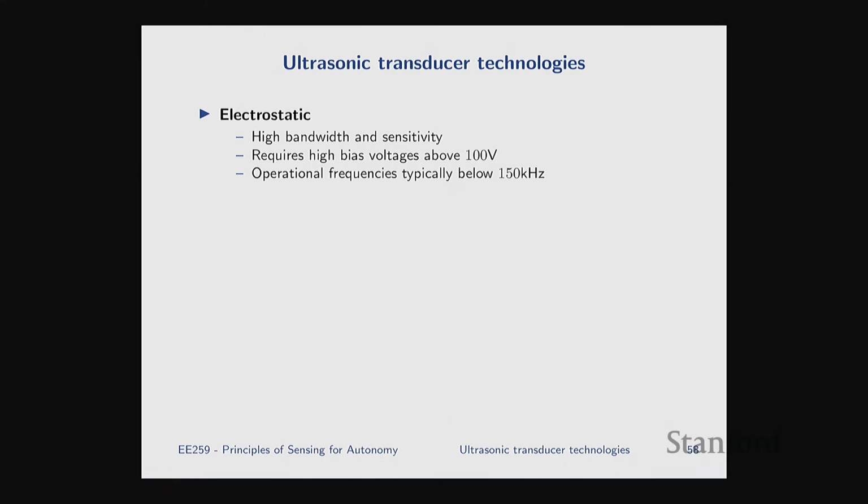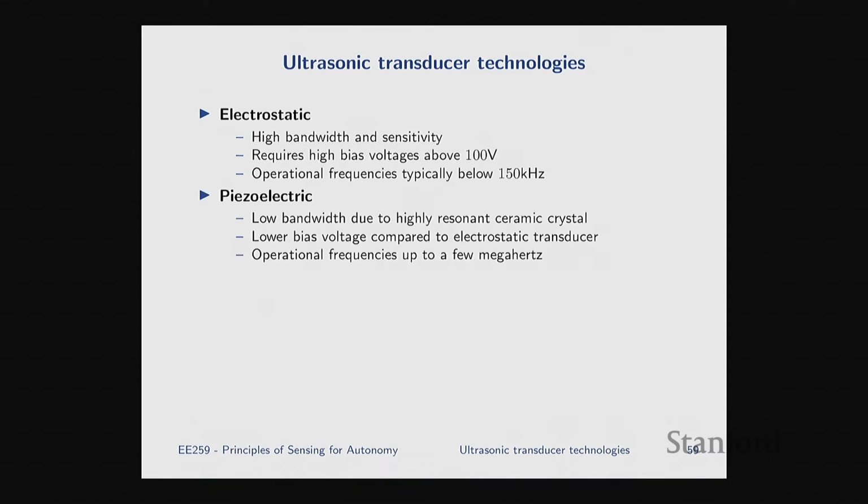They require very high voltages to drive: you might need 100 volts or multiple hundreds of volts to drive them at acoustic frequencies. And they cannot go to super high frequencies. You're typically limited to about 150 to 200 kilohertz in operational frequency, which is fine for robotic sensing. But they're not useful for medical ultrasound because they don't go high enough in frequency.